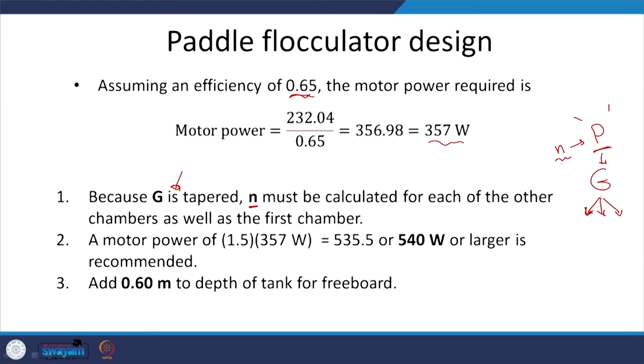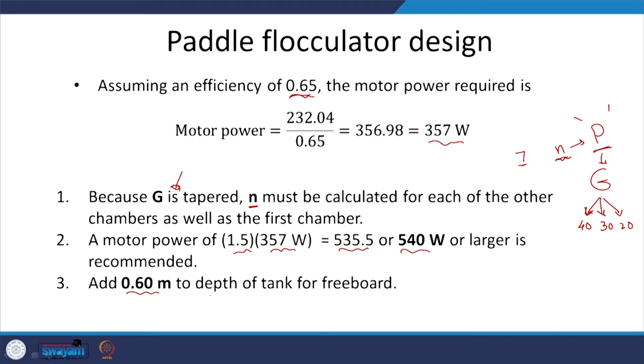So for the first one, relatively higher revolutions per minute, 7, for a G value of 40. For a G value of 30 and 22, the relevant revolutions per minute will have to be calculated. And motor power of 1.5 into 357 watts, which is 540 watts or larger, is recommended, let's say.